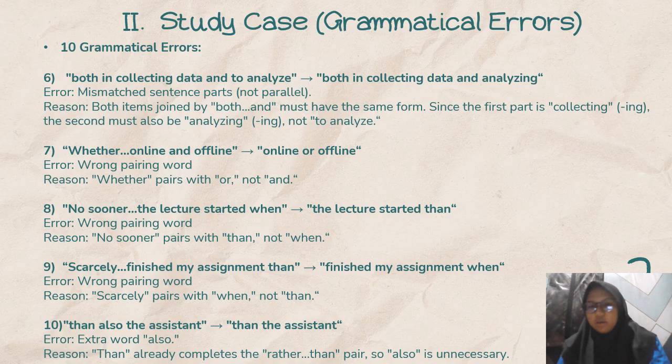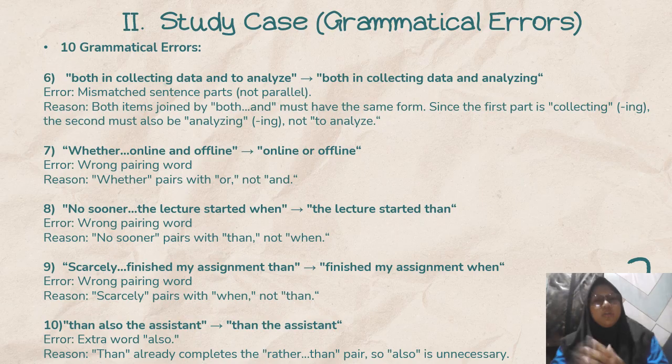It should be both in collecting data and analyzing. So it's mismatched sentence parts and not parallel. The reason is both items joined by both and must have the same form. Since the first part is collecting, using ing, the second must also be analyzing, using ing, not to analyze.